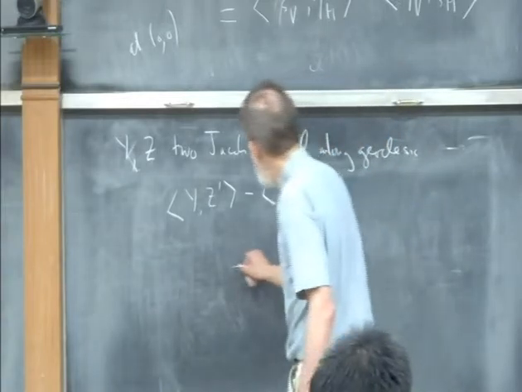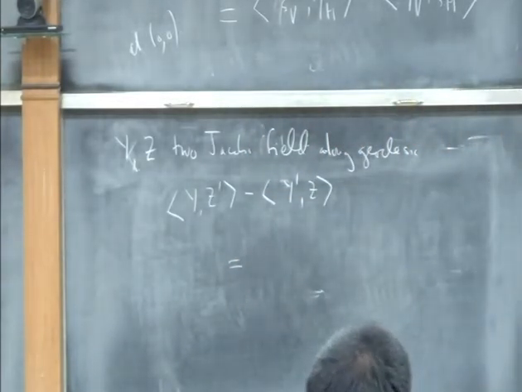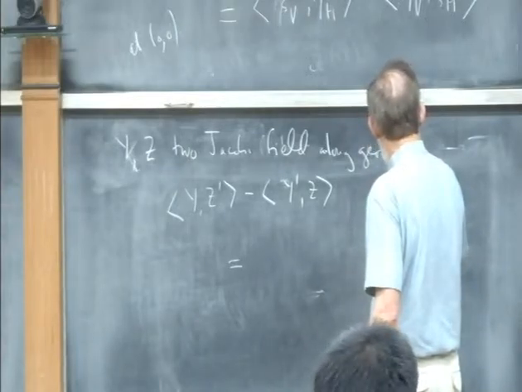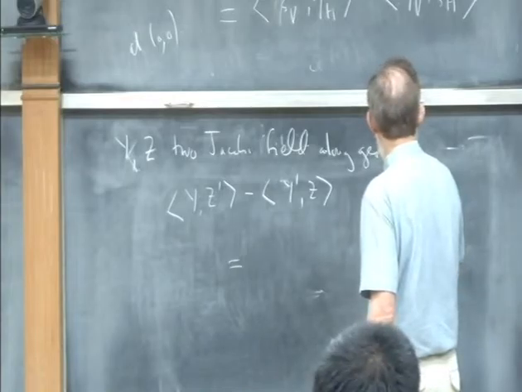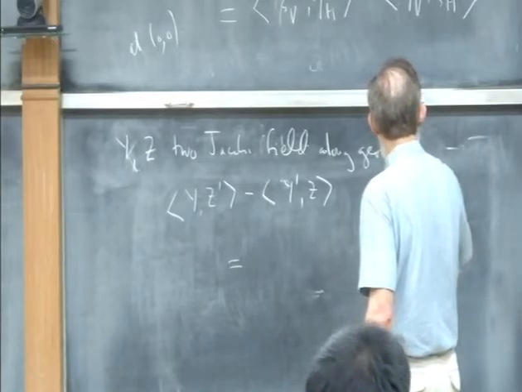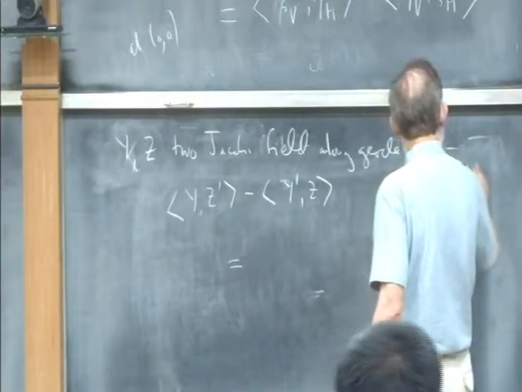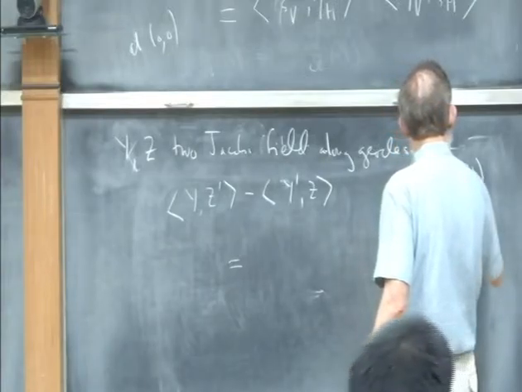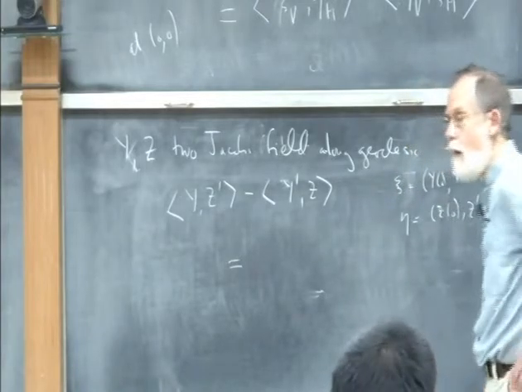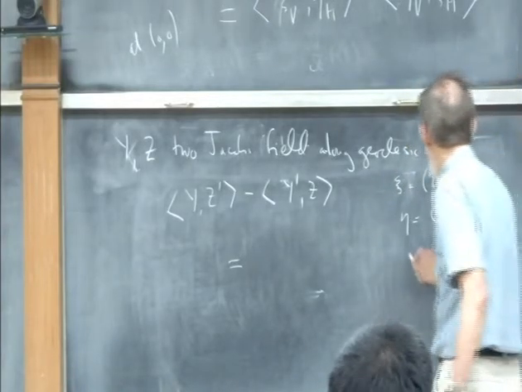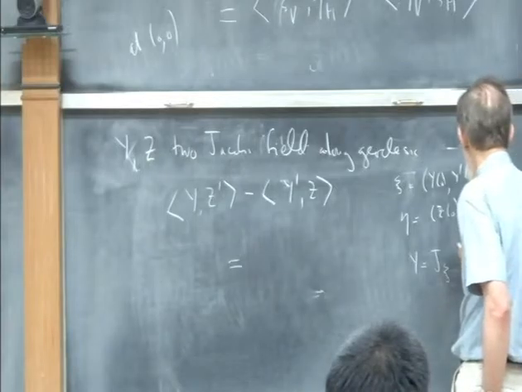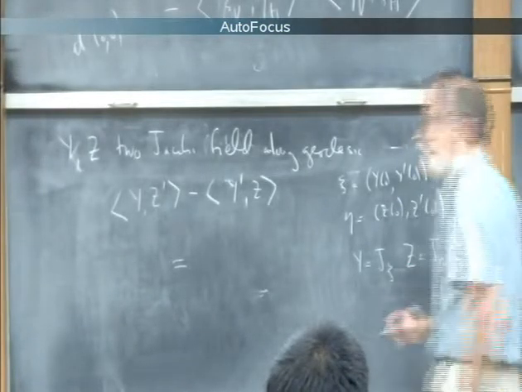If you think about the symplectic form, which is still on the board, and you think about xi being the pair y of 0, y prime of 0, and eta being z of 0, z prime of 0, that means that y is the Jacobi field associated with xi, and z is the Jacobi field associated with eta.